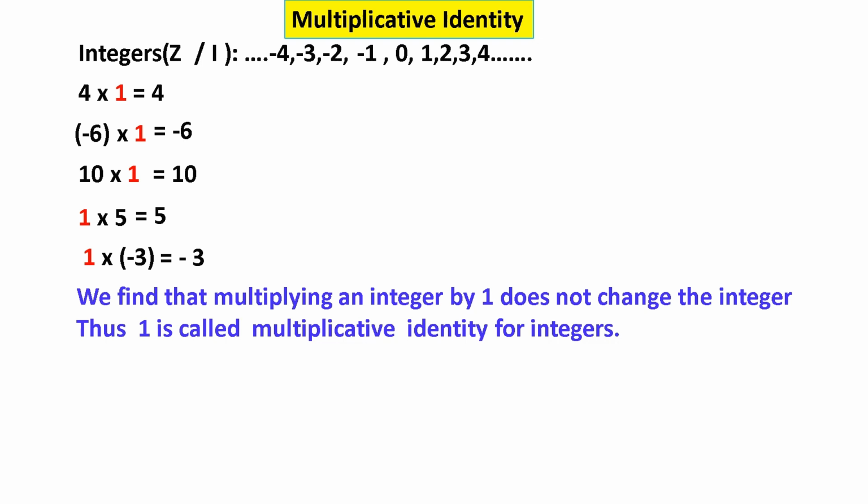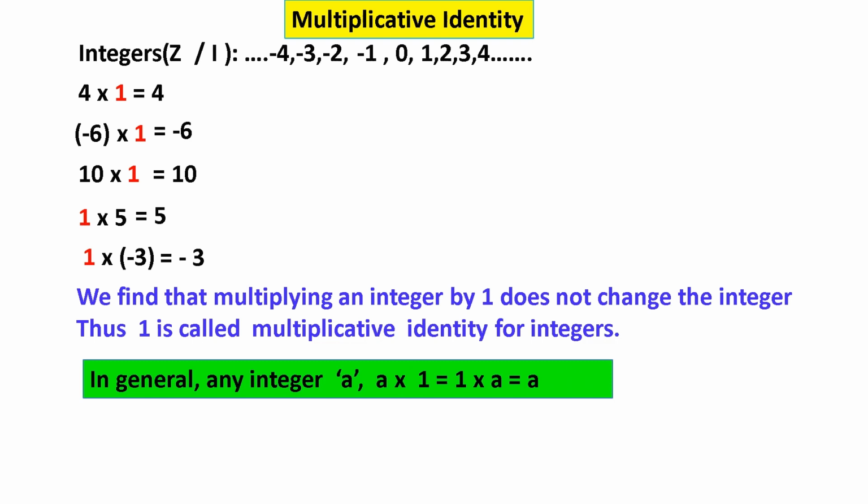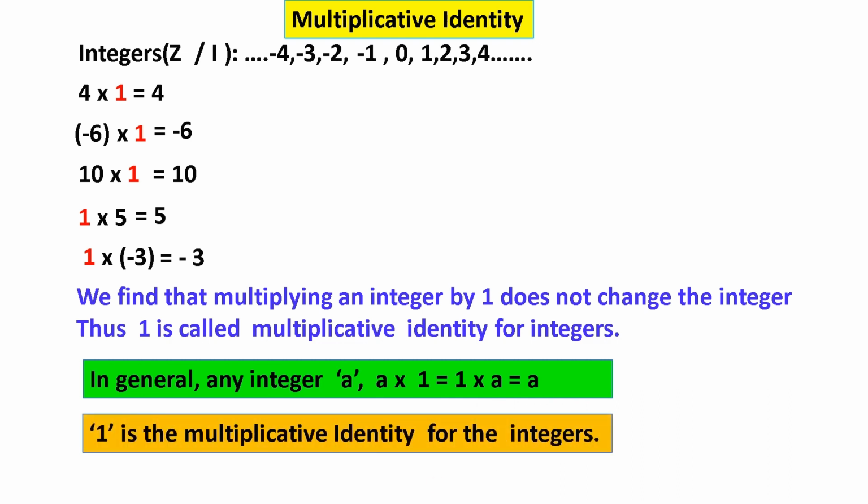Thus 1 is called the multiplicative identity for integers. In general, any integer a into 1 is equal to 1 into a is equal to a. So 1 is the multiplicative identity.